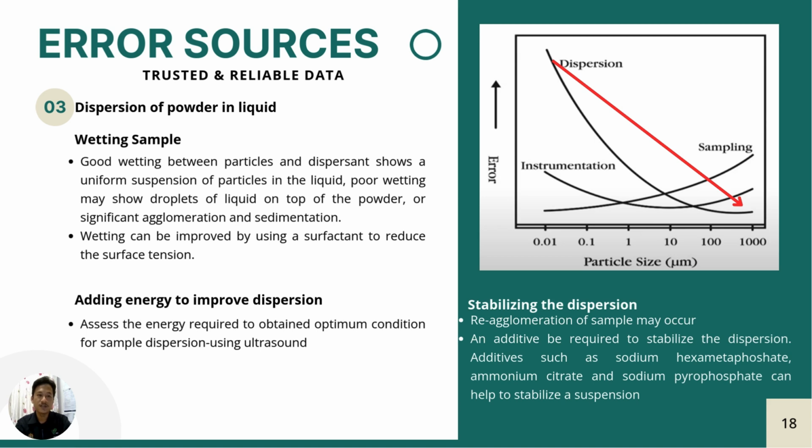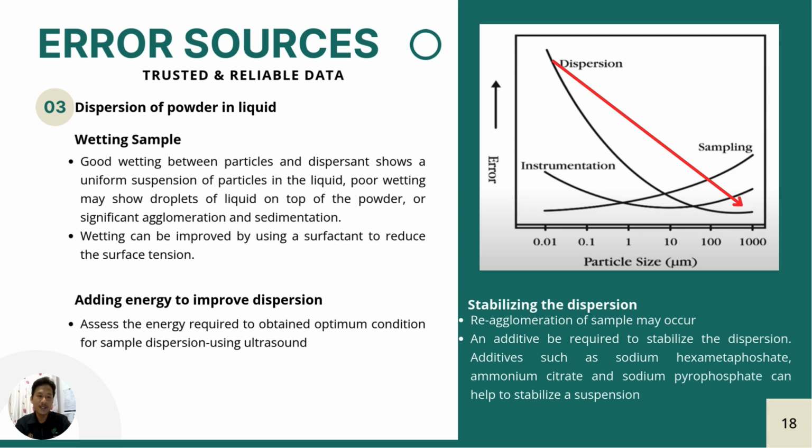Next, an error source may also come from the dispersion of powder in liquid. There are three steps to disperse our powder sample in the dispersion. First is wetting the sample. Second is adding energy to improve dispersion, and the third one is stabilizing the dispersion. With wetting, good wetting between particles and dispersion shows a uniform suspension of particles in the liquid, but poor wetting may show droplets of liquid on top of the powder or significant agglomeration and sedimentation.